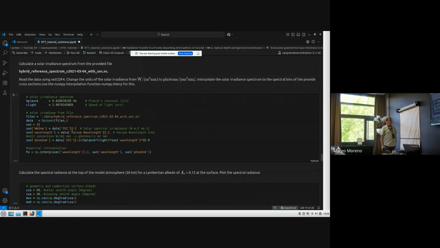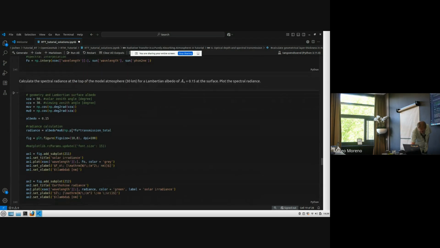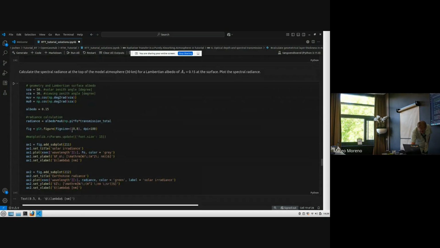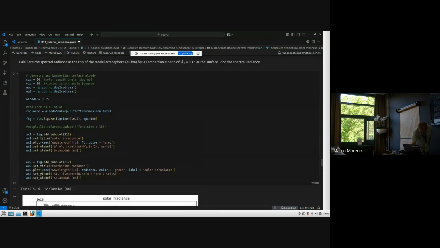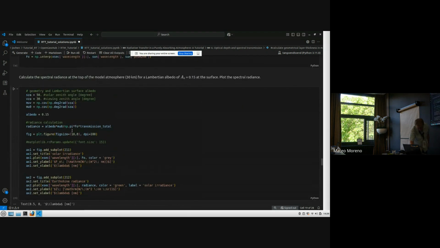So that makes sense. Then we interpolate it to the spectral grid of our cross-sections because we want to have it on the same spectral grid. And then we have the solar spectrum. Maybe I want to then explain the next box.